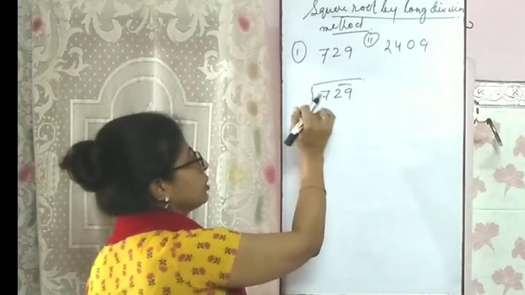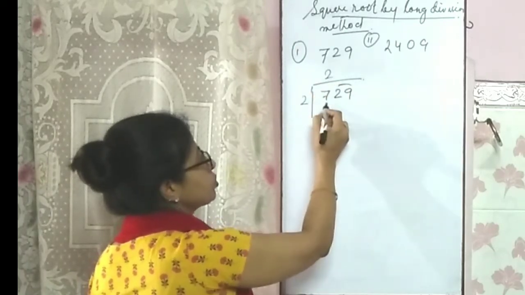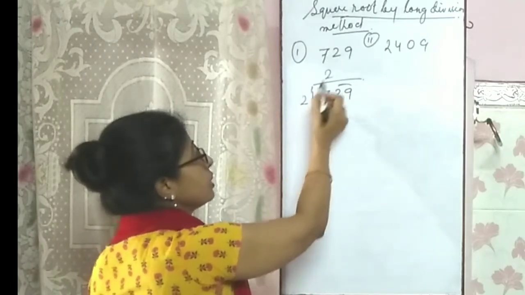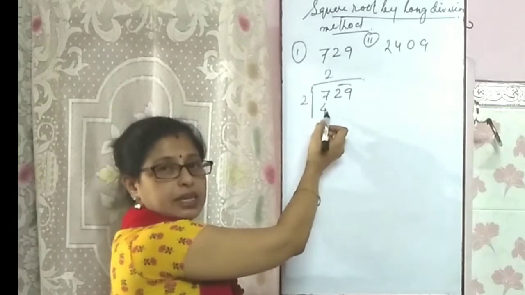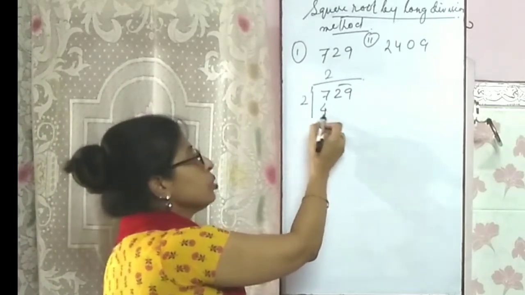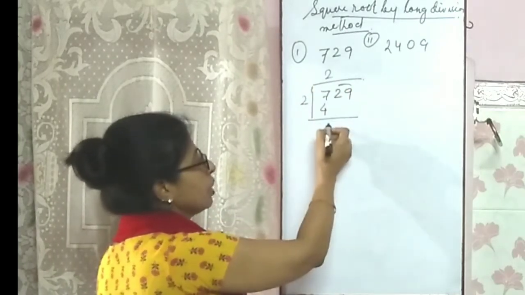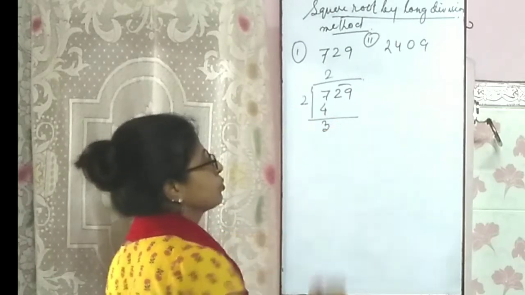Suppose if I take 2, then 2 2s are 4. If instead of 2 I take 3, then 3 3s are 9, so we can't do so. 9 cannot be taken. So we have to take 2, 2 2s are 4. Finished. Now carry this, subtract it, 3.